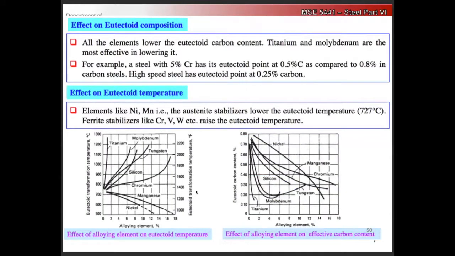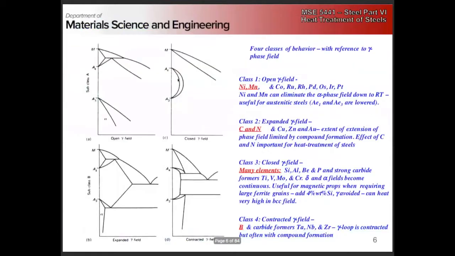If we look at specific points, right? If we look at the eutectoid composition, all the elements tend to lower the eutectoid carbon content, right? So if we have other stuff in there, what do I mean? What do we mean by lower the eutectoid carbon content, right? So this is the eutectoid point.